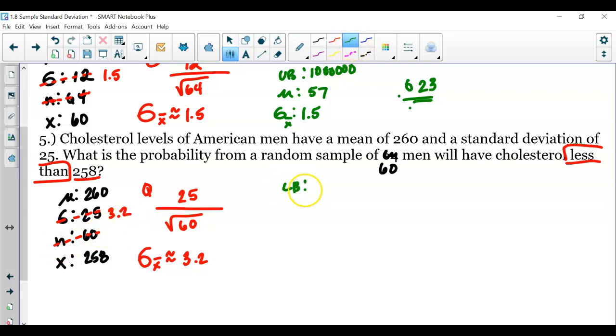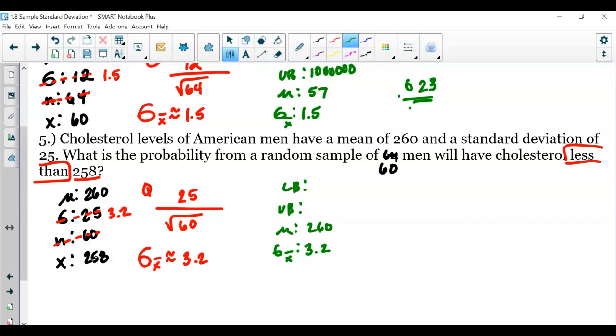So now to find the probability, lower bound, upper bound, the mean, the standard deviation of the sample. So the mean again, mean is mean, 260. Standard deviation is now 3.2. So now we're converting the 258 to figure out the probability, but less than 258.